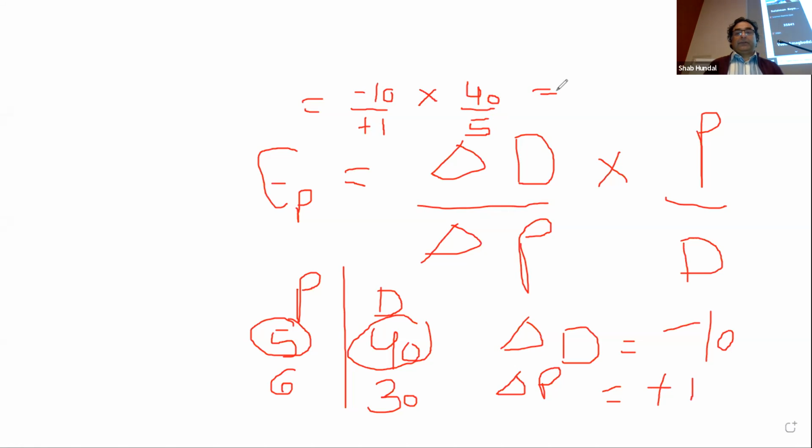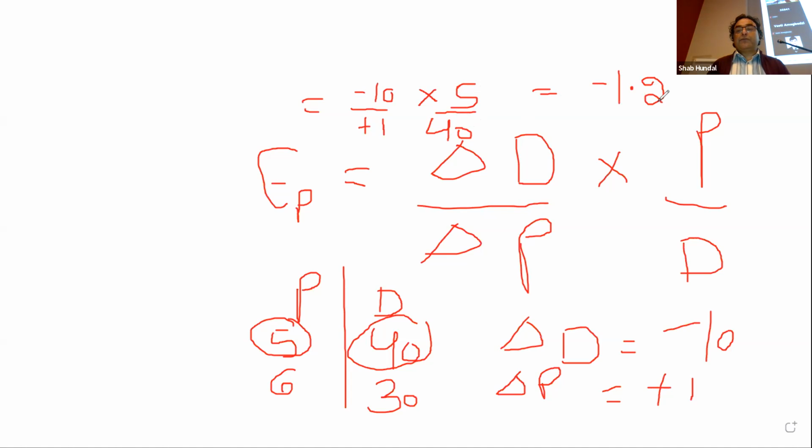Oh no, I did it the opposite. It has to be price divided by demand. So let me erase it. So this is the price, original price is 5, and original demand is 40, if I go by the formula. When I solve it, it comes to be minus 1.25.